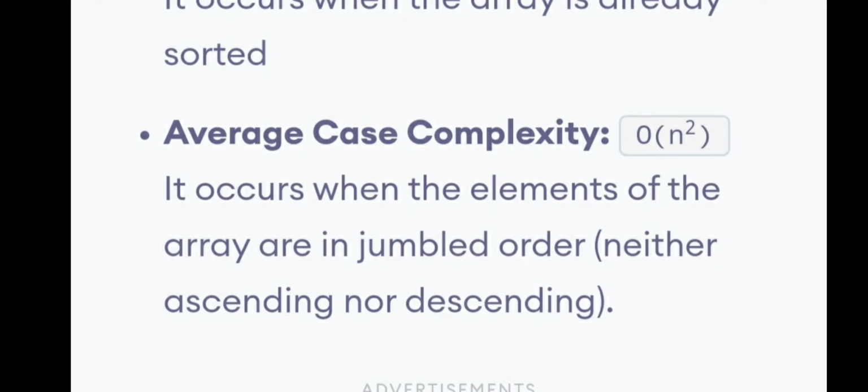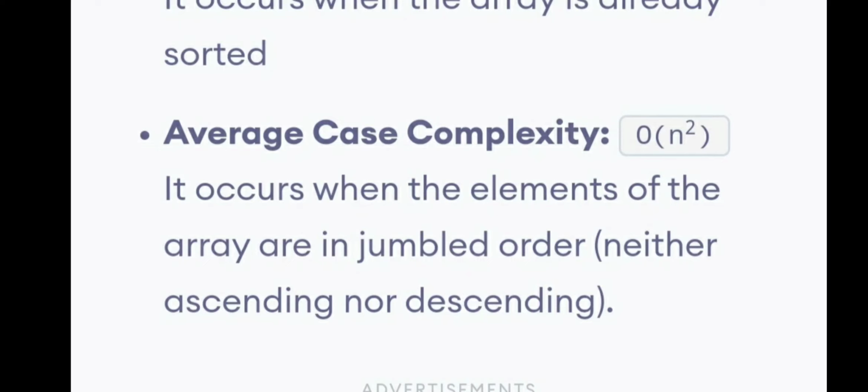Best case means the elements are almost in sorted order, then that is called best case time complexity. Average case means the elements are jumbled or mixed.